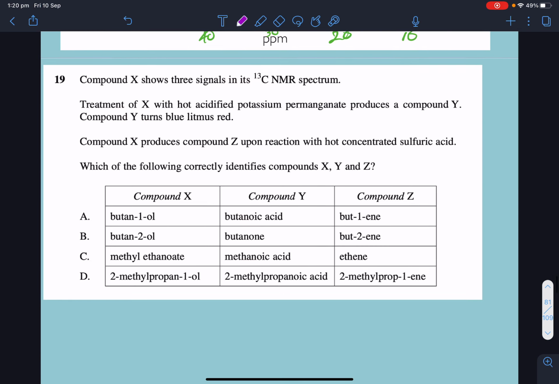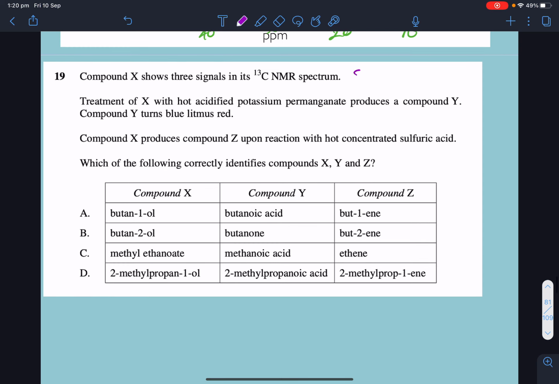Past paper questions. Compound X shows 3 signals in its carbon-13 spectrum, so 3 carbon environments. Treatment of X with hot acidified potassium permanganate produces Y, so that's looking like an oxidation reaction.